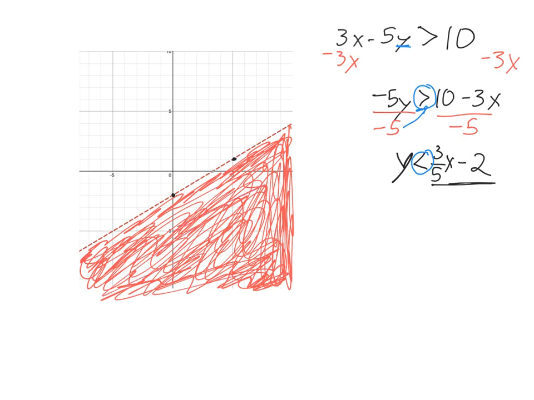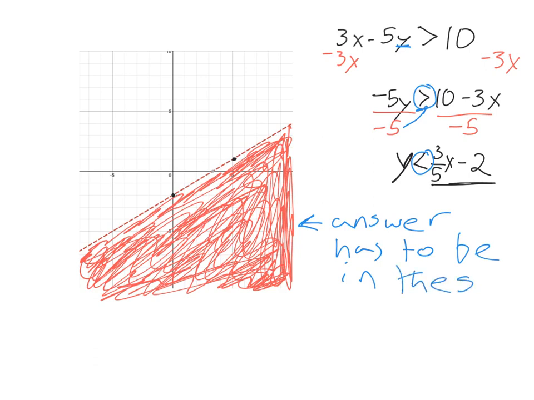Boom. Okay? And so with inequalities, that's what I'm trying to do when I'm graphing. And what it's saying is that my answer has to be in the shaded region.